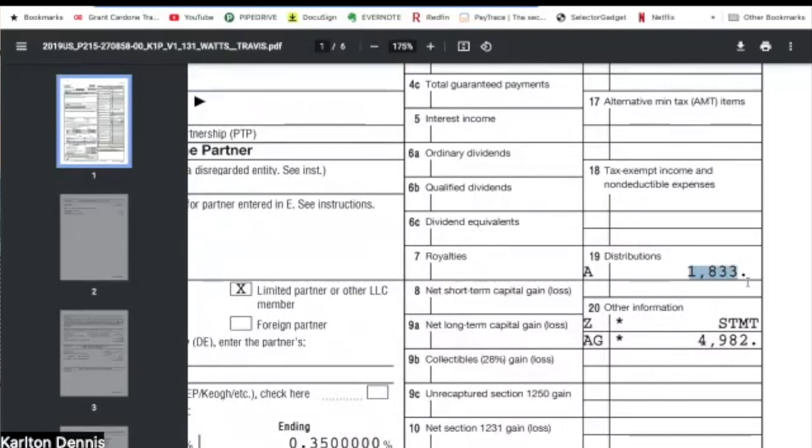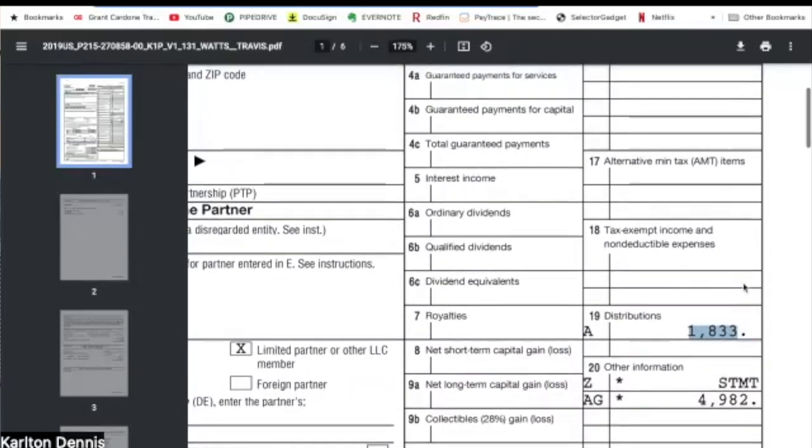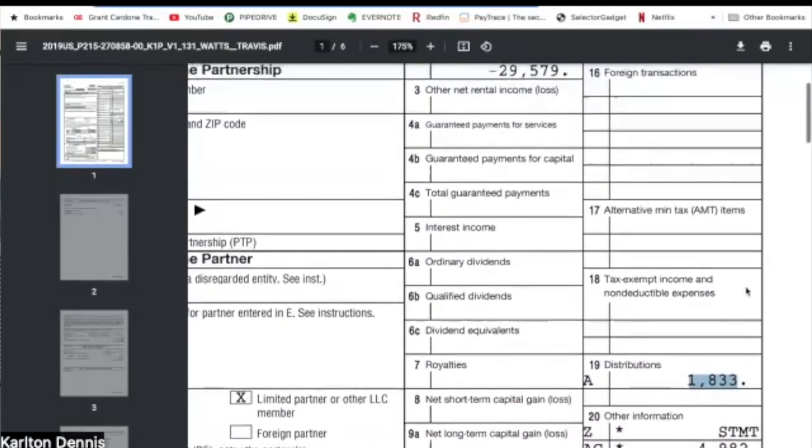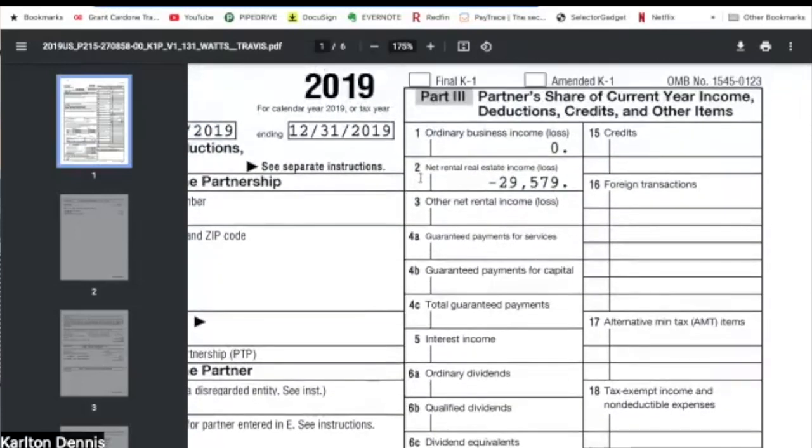Now, for most, they would view this distribution and see that there's probably taxes that have to be paid on this amount. But what I want you to understand is there's a net rental real estate income loss of $29,579.